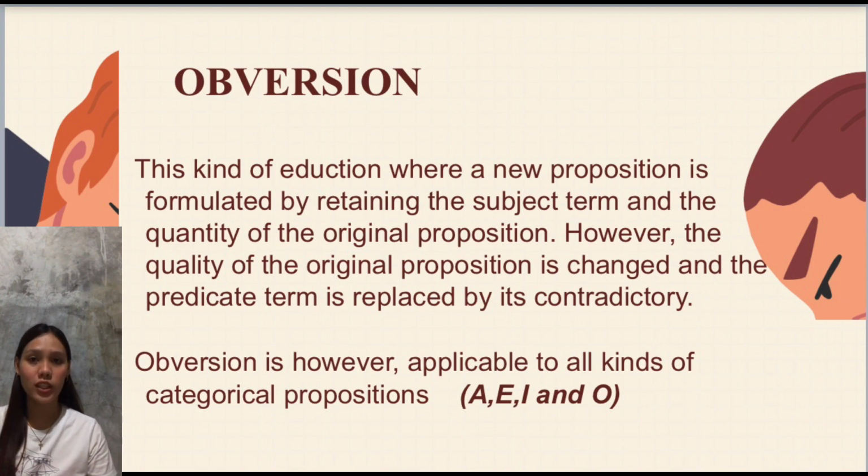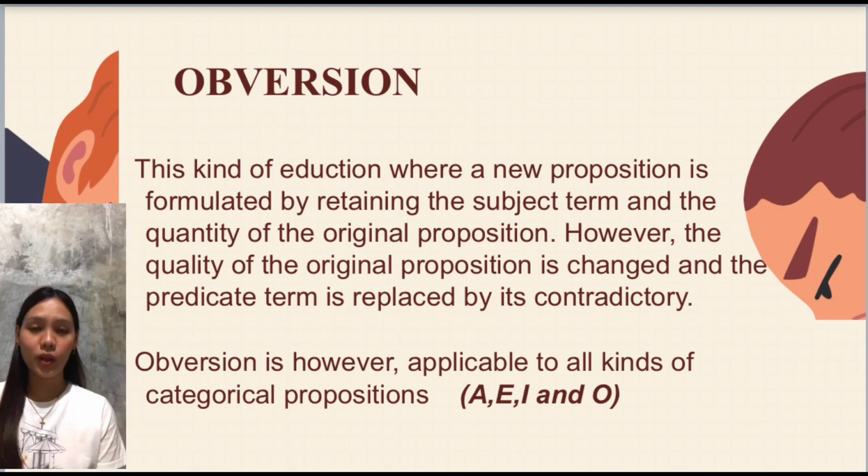So, obversion is an inference formed by changing the quality of the proposition and replacing the predicate term by its complement. Obversion is valid for any standard form of categorical proposition. Obversion is, however, applicable to all kinds of categorical propositions, the A, E, I, and O.